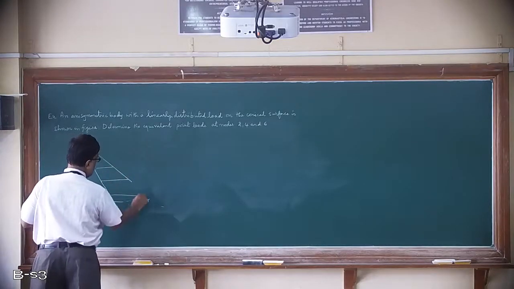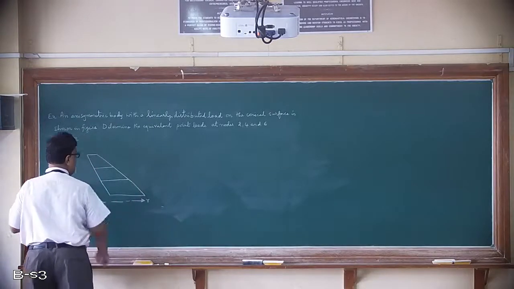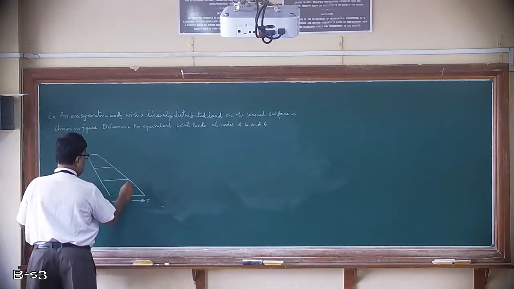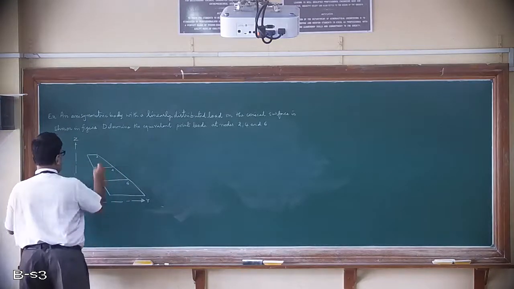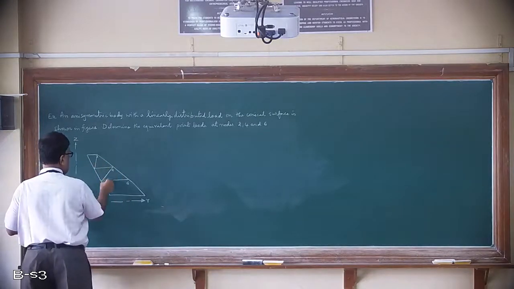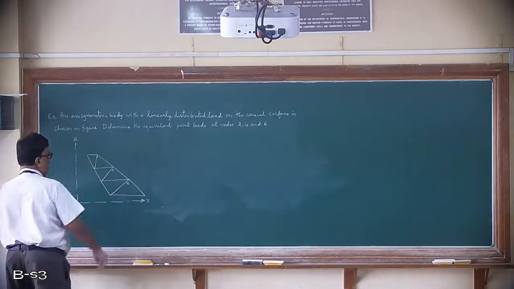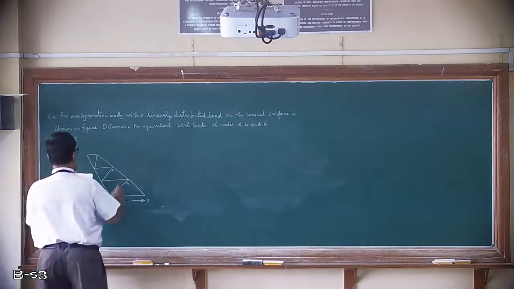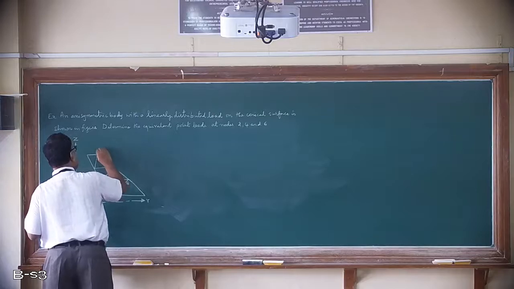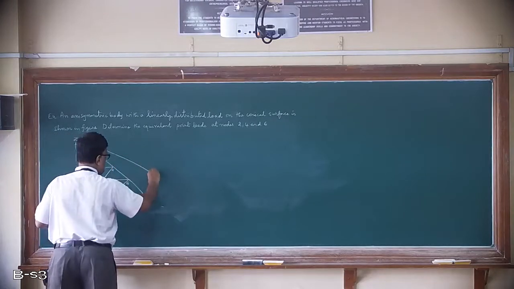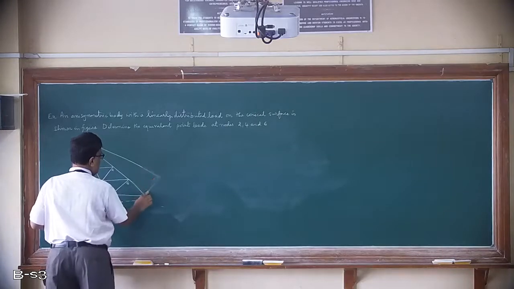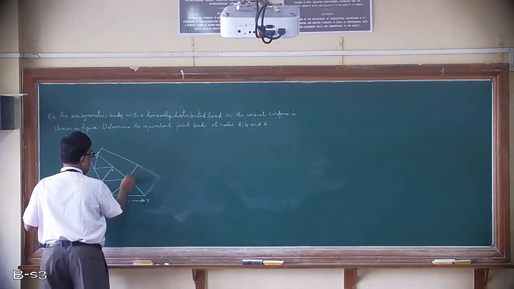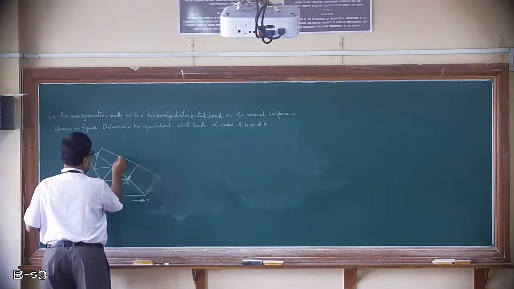This is not needed, it is simply a dummy, because what we really need is 6, 4 and 2. This is joined here and this is joined there. This is the plate with the triangular modulation. The interesting point here is that there is a linearly varying load. It is not a constant load throughout this. Okay, we will not consider this extra H. This is only up to this. Okay, we will consider this.